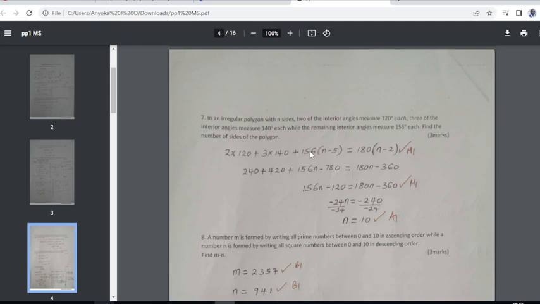There are a number of facts that we should remember. 1. The formula for the sum of interior angles of a polygon. We normally say it is 90 into brackets 2n minus 4. Or you can say it is 180 into bracket n minus 2.